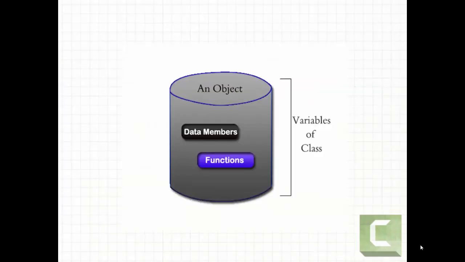In this example, we see an object which has data members and functions. In this object, you can see there are a lot of variables in the class and functions on them.